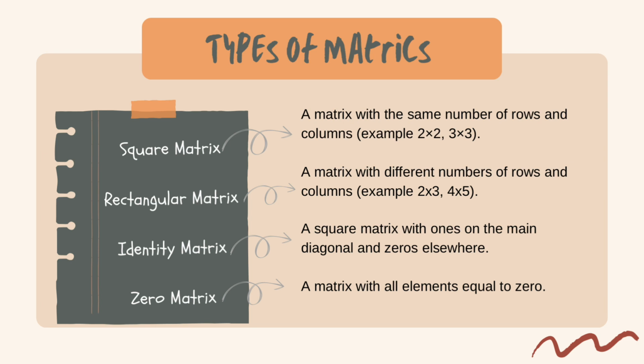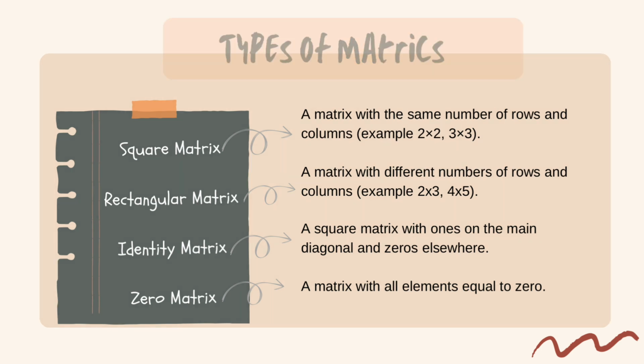Wonderful. Lastly, we have the zero matrix. In this matrix, all the elements equal 0. Remember that an element is a number in the matrix. That's correct. So a zero matrix is one where all the elements equal 0.